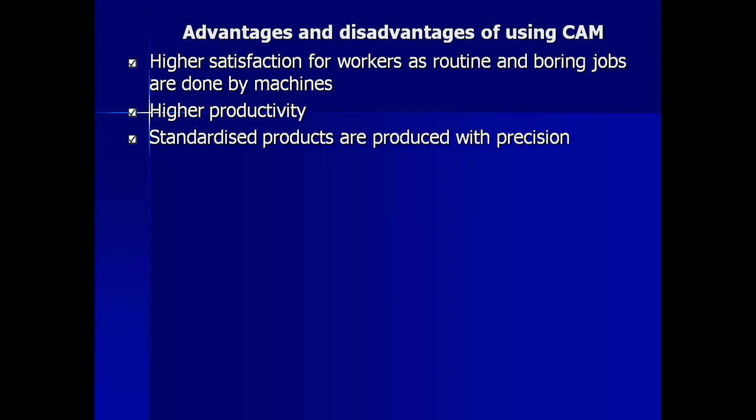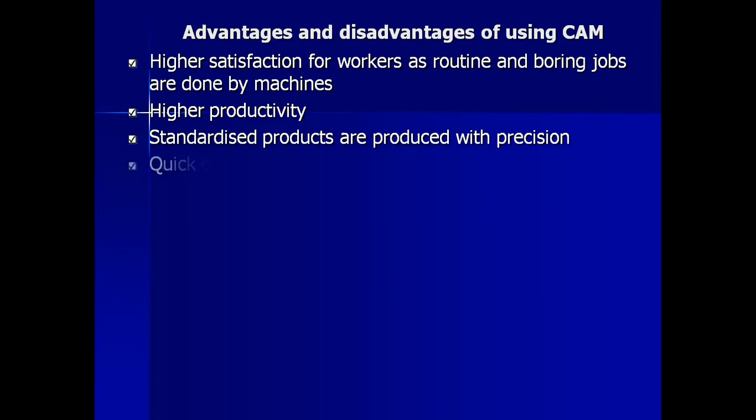Otherwise, they are absolutely precise, they do not make mistakes at all. All products look exactly the same in terms of quality. That is what we call precision. Precision means that there is no fault in it, or no difference in the various products which are being produced.